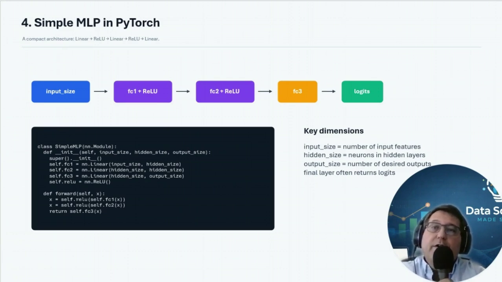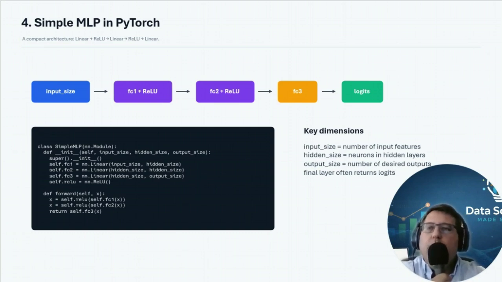The third layer, fc3, maps the hidden representation into the final output size. We also create a ReLU activation. So the architecture is linear, ReLU, linear, ReLU, linear.